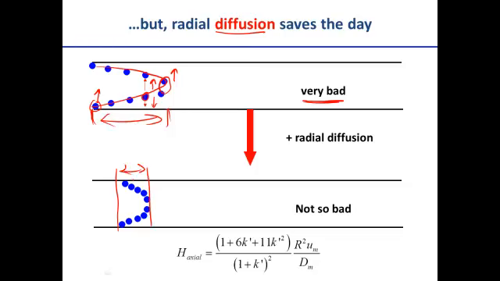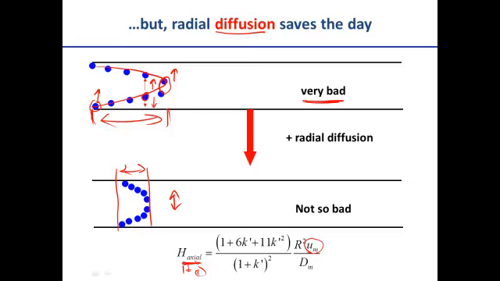And this happens because molecules can radially diffuse to basically move from one flow velocity regime to another. And so this first component of H here accounts for this mathematically. And what it says is that as the flow velocity increases, the average velocity, this H gets bigger.